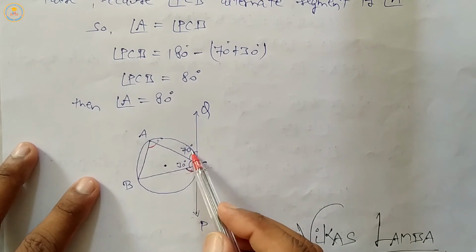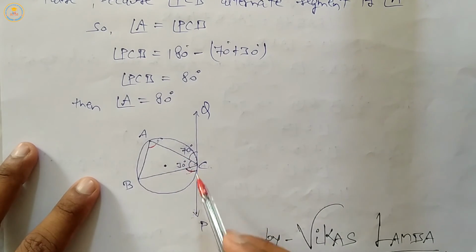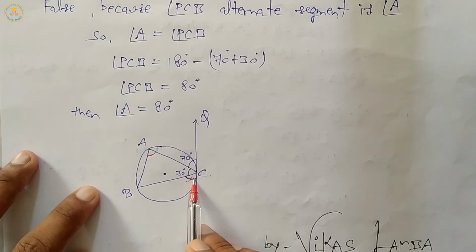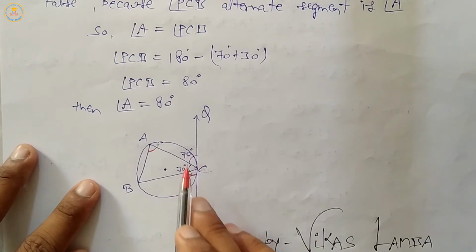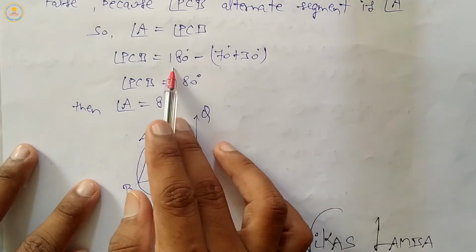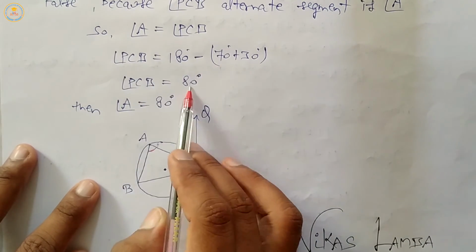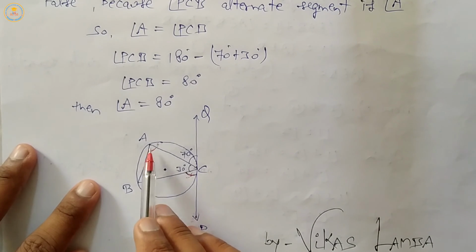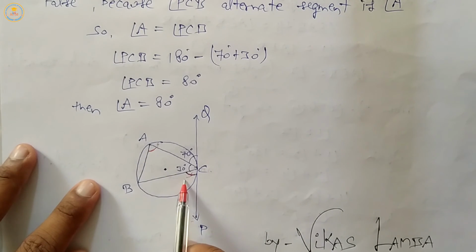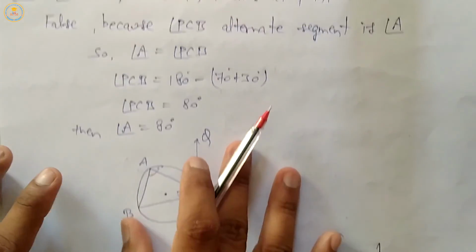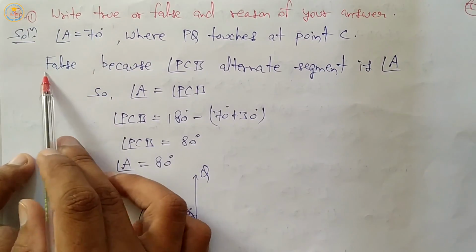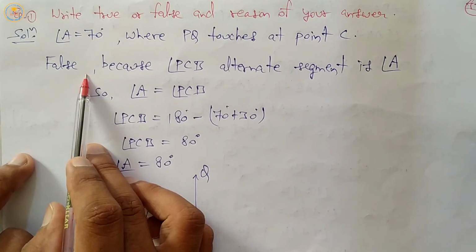So PCB is 180 minus 70 minus 30, which means PCB equals 80. These two are equal, so angle A equals 80 degrees, but in the given question A equals 70 degrees. So this is false.